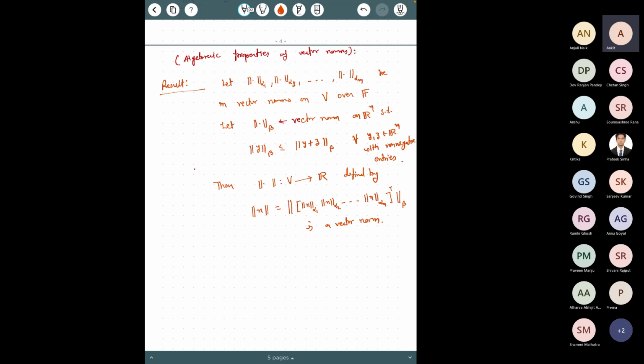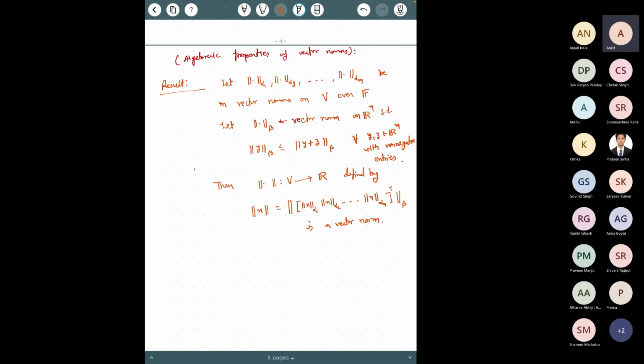Okay, so let us understand what it says. Although this statement looks lengthy, it is very easy. What it says is, suppose that you have any m norms on V. Let's call them alpha 1 norm, alpha 2 norm, and so on, alpha m norm.